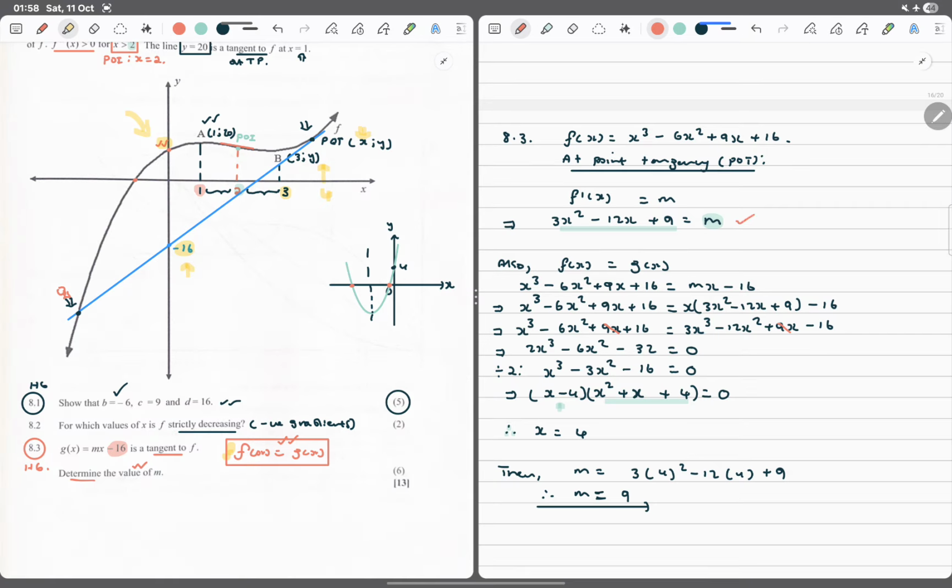We can say this is a mark to take the first derivative and equate it to m. Right. Maybe this step is also important.